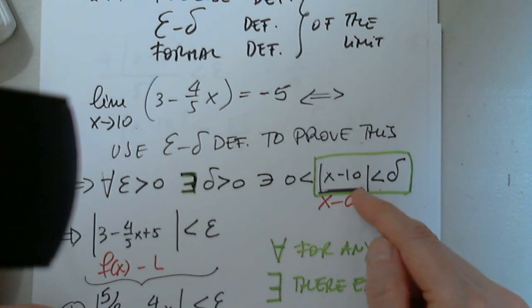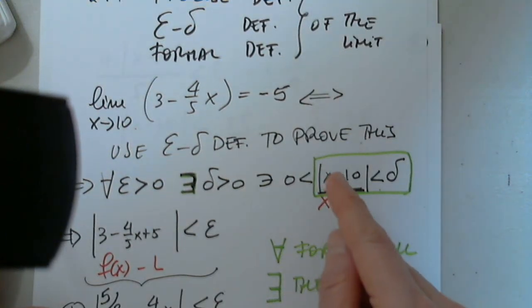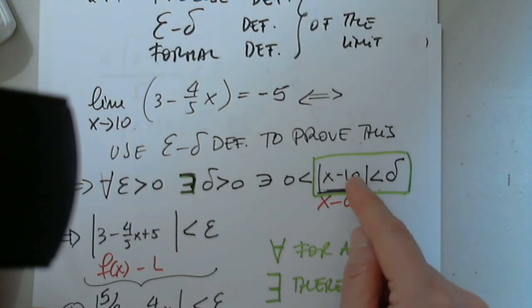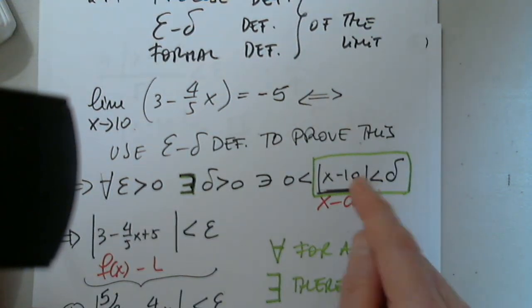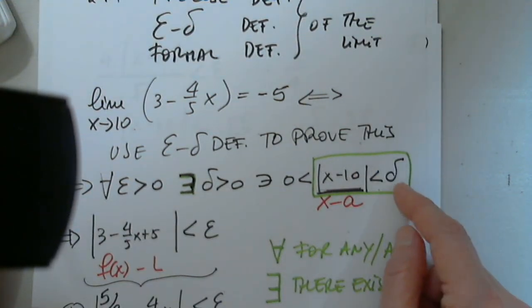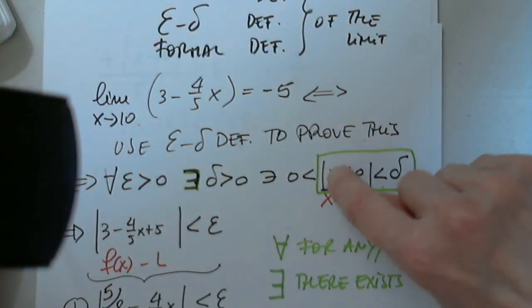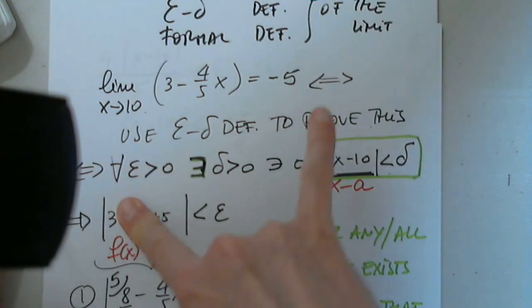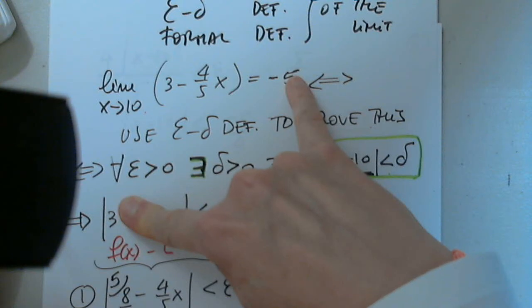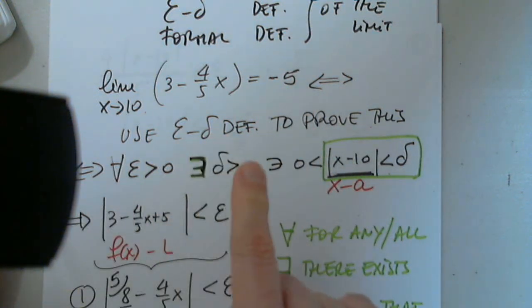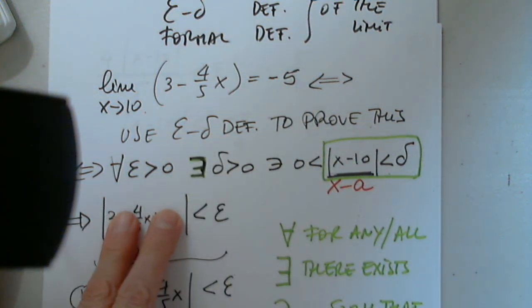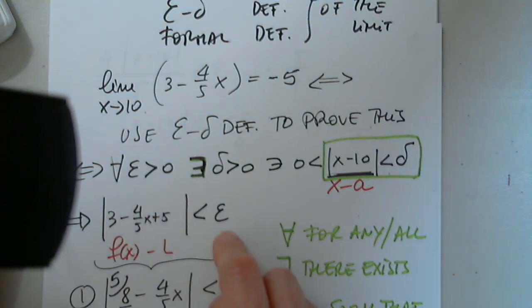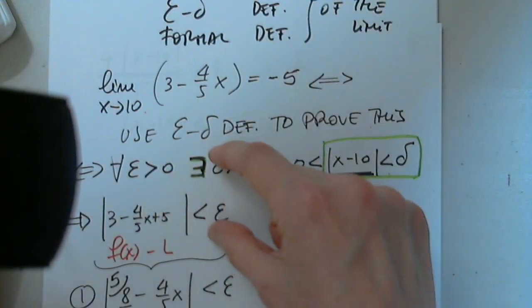For our case, a is 10. So the distance between the x I pick and 10, if it's smaller than delta, the function value for the x I pick will be close to -5, to the limit. How close? The distance between those two will be less than epsilon, guaranteed to fall in that interval.